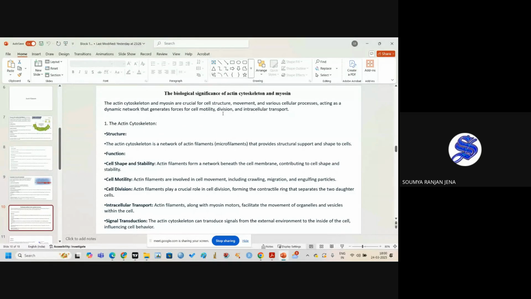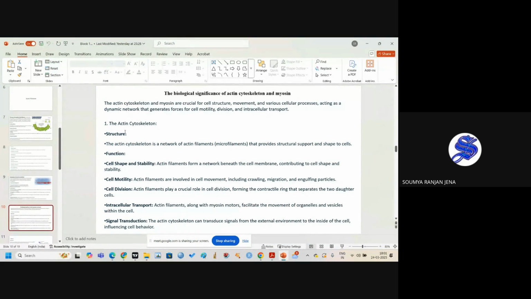The cytoskeleton is required for cell motility, during the cell division process, and for intracellular transport like vesicular transport or protein transport during metabolic processes.